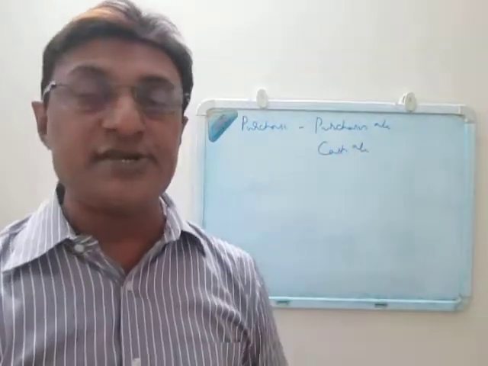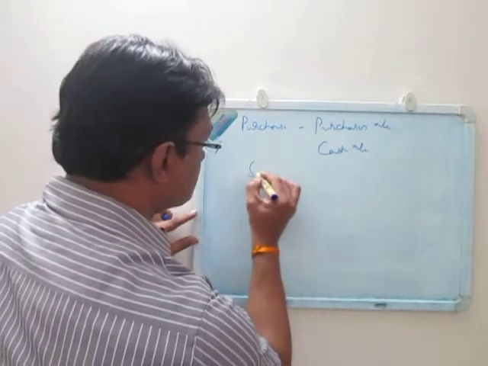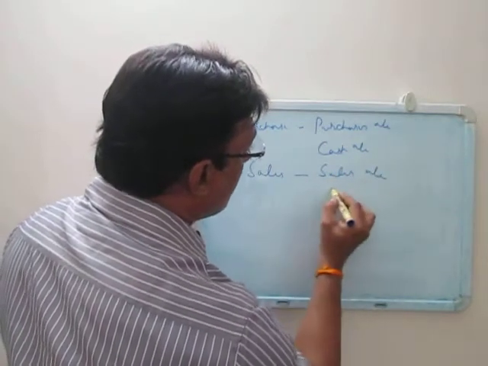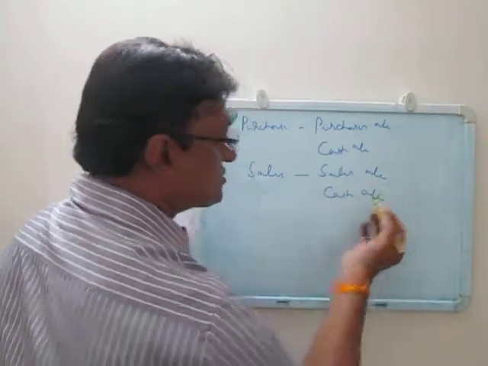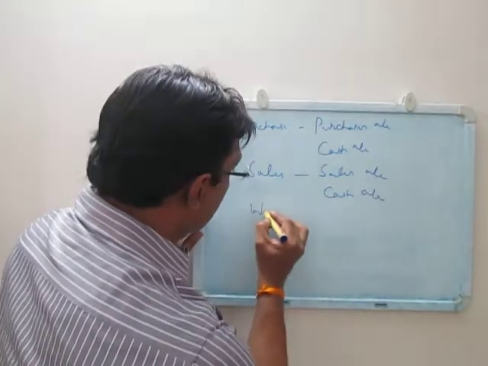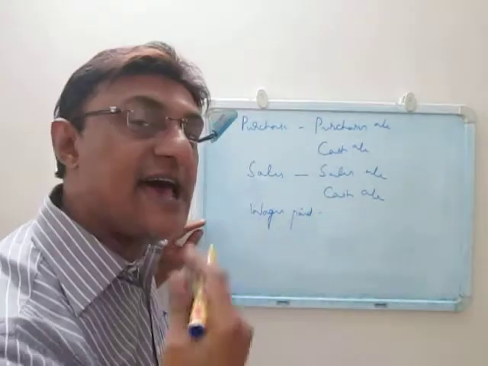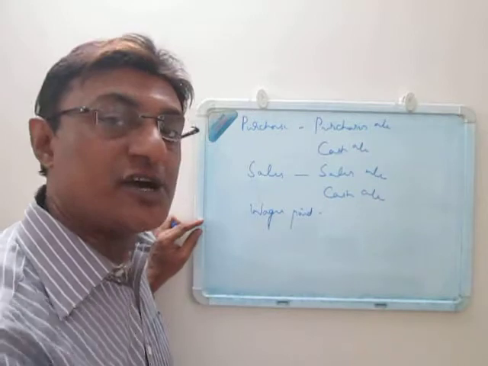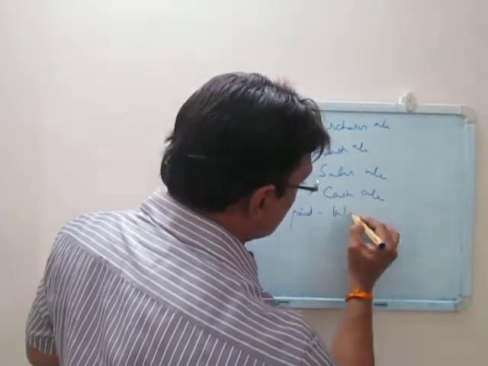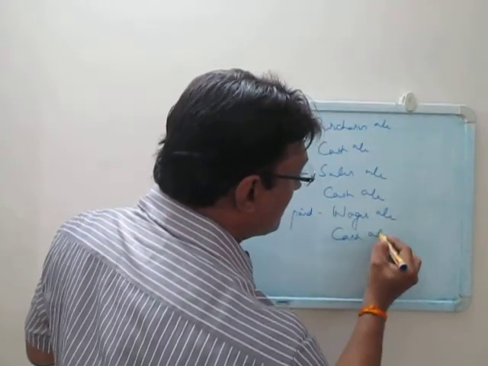You purchase raw material and pay for it. If it is sales, you have a sales account and a cash account. Or if it is wages which are paid, payment of wages, salaries to employees, workmen, workers, you have a wages account or a salaries account and a cash account.